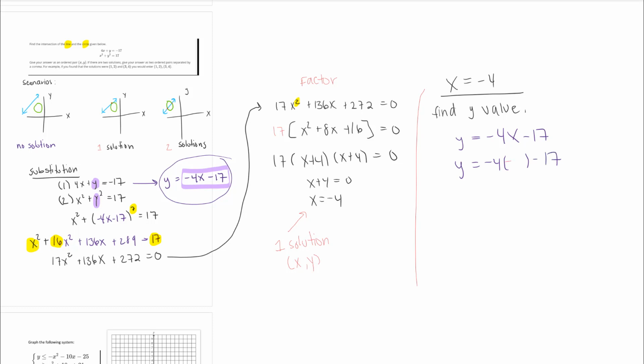So you can plug in that x value of negative 4. You do end up getting that y is equal to negative 1. So for your ordered pair, remember your x was negative 4. Don't forget that's what you had. That was that x value, and now you have that y value of negative 1. So that would be your one solution to this line and this circle.